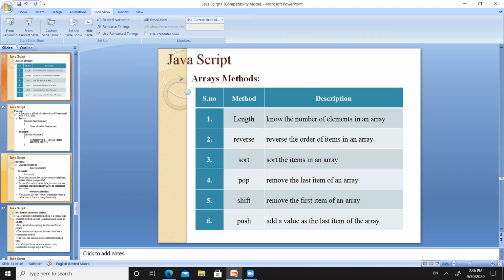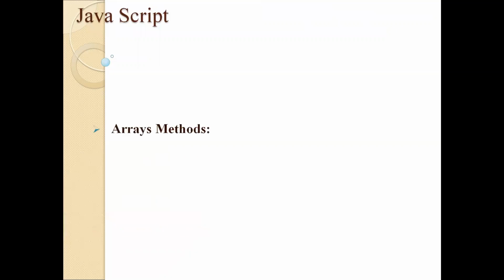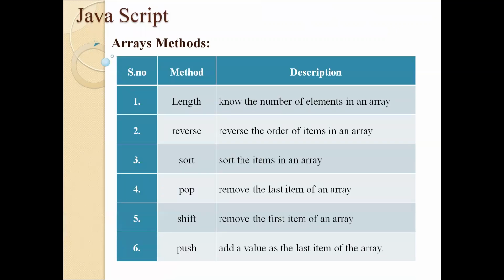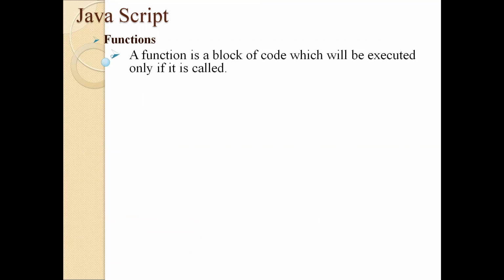This is the slide where we stopped in the previous session, on the different methods used along with arrays. In today's session, we start with functions. A function is a block of code which will be executed only if it is called. We have written functions in C, C++, and Java.